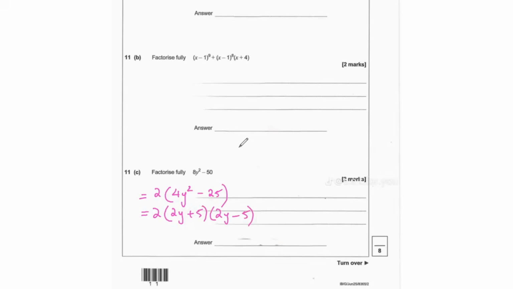Difference of perfect squares says that if we have a squared minus b squared, that can be rewritten as (a plus b) times (a minus b). So 4y squared is basically (2y) squared and 25 is 5 squared. So that's why it's 2y plus 5 and 2y minus 5. So 2 times (2y plus 5) times (2y minus 5) is your answer.